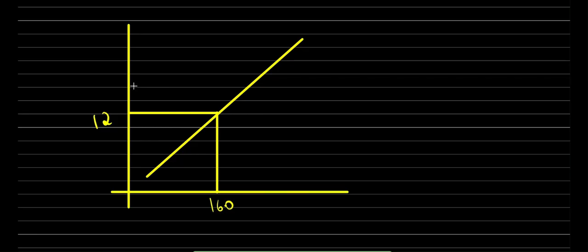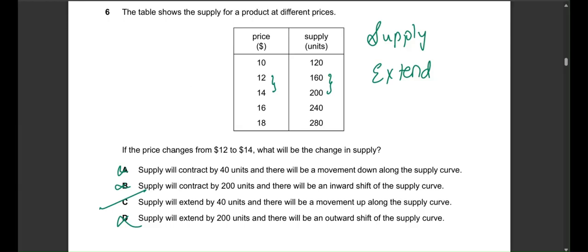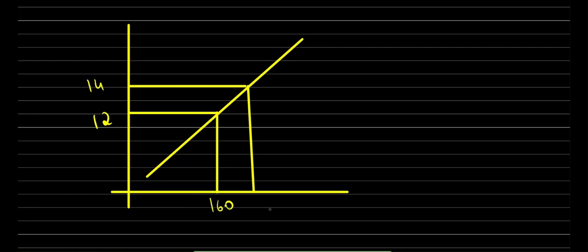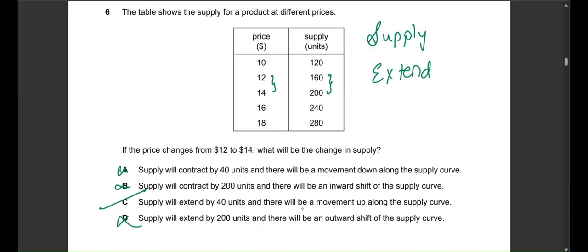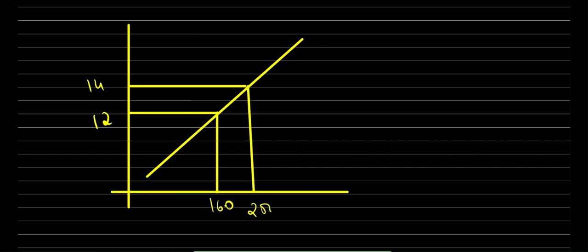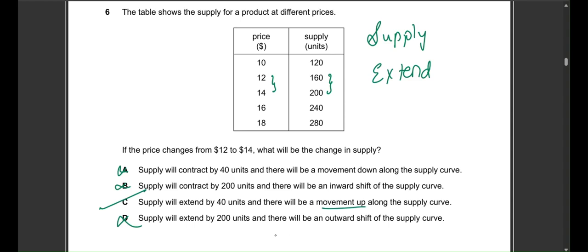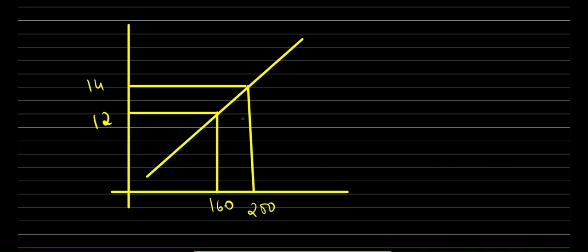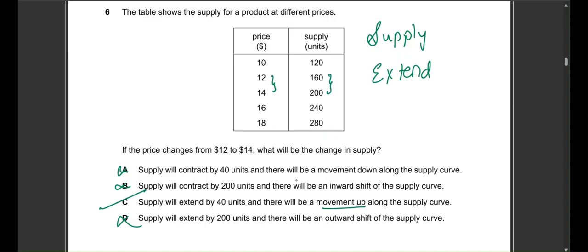Now the price has increased from 12 to 14, and my quantity supplied has also increased from 160 to 200. That means the supply curve has extended and it is upward sloping. It is a movement up along the supply curve. So that is the reason this option C is the right answer.